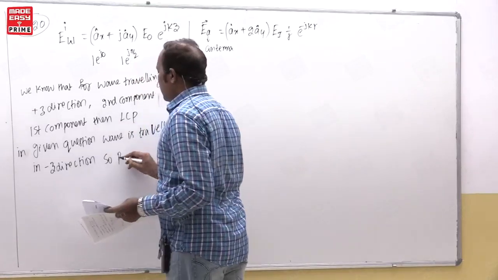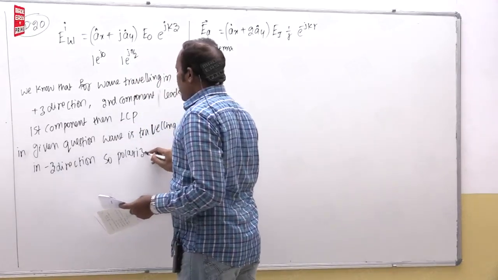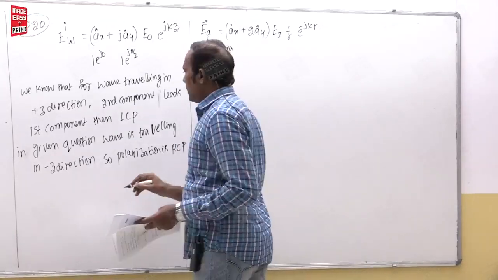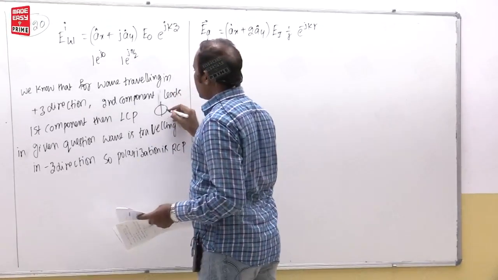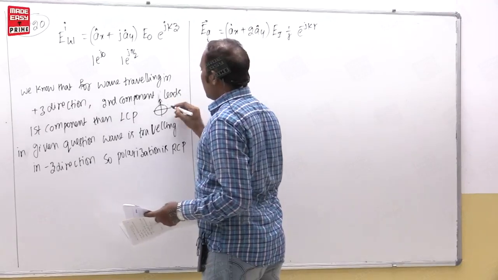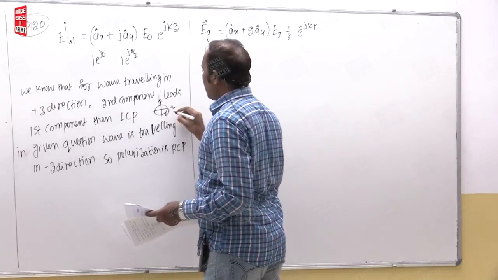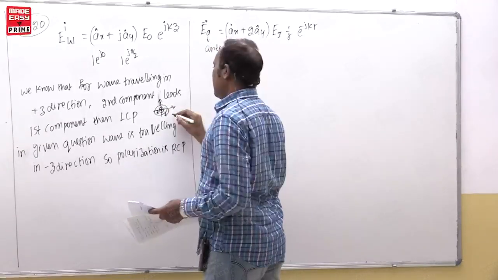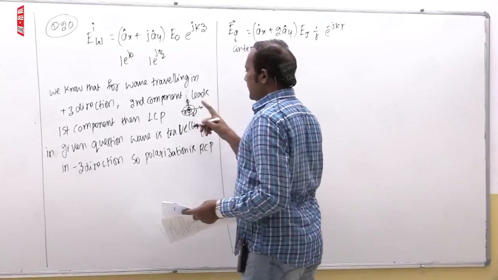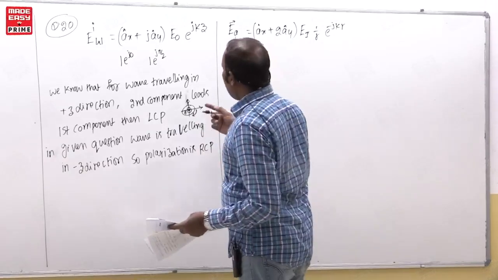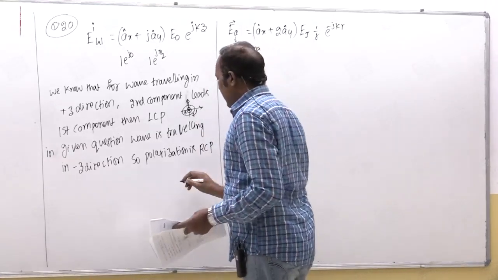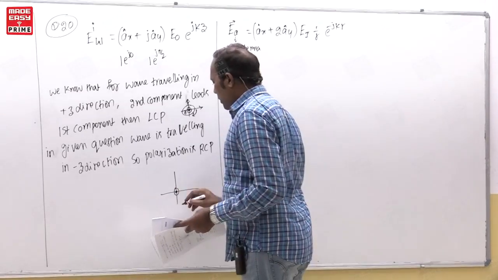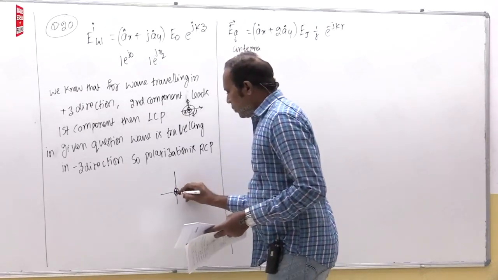So the polarization is RCP, students. LCP I have shown you in the derivation, it goes like this. Here Z is out of the board, but the wave is traveling into the board.